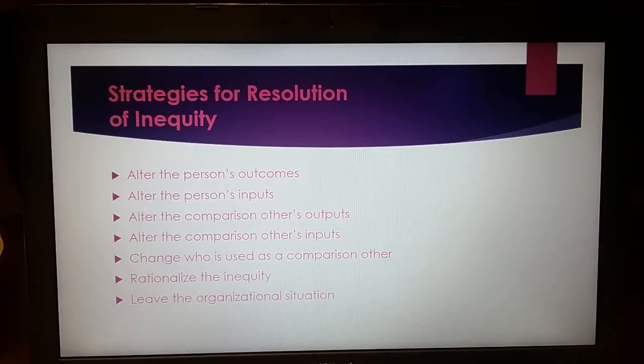So it's either change your activities, change the other's activities, change the other person you're being compared to, or figure out a way to rationalize why it is. Maybe this person is making more because they have more experience, or because they've had different experiences and this is where the company's going. Let's say it's an agricultural company and you've been there for 10 years, and this person comes in with new technology, with information and skills in an area that the company now needs. So you can rationalize it that way. Or you just leave. Always an option if you can find another job.